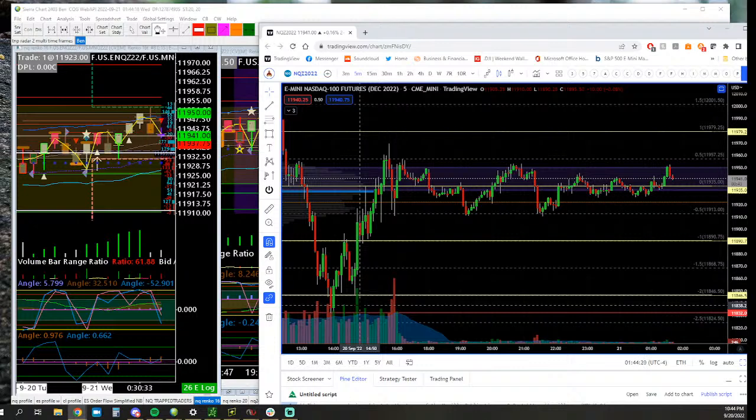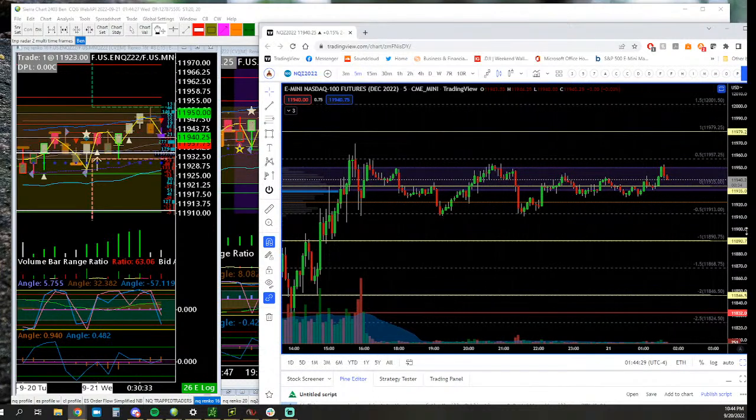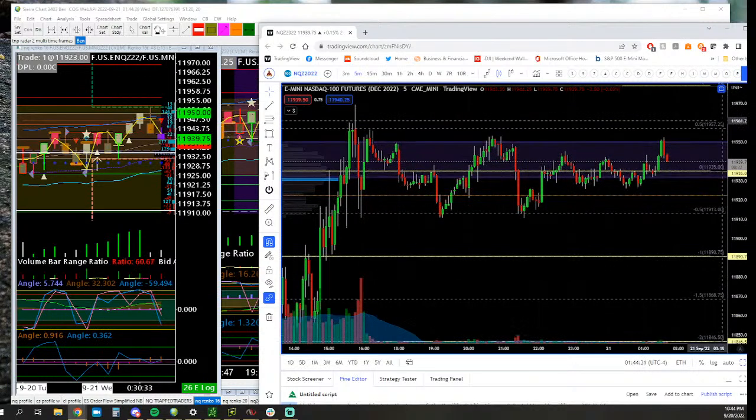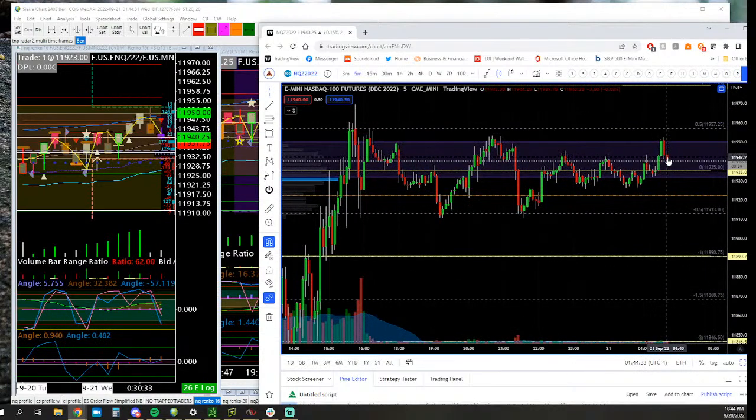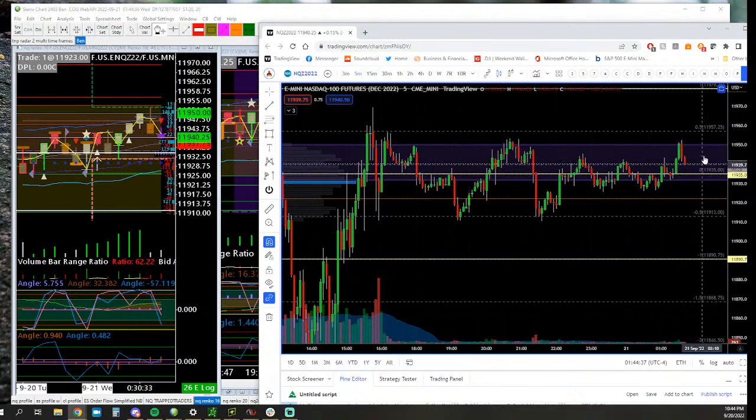So for instance, if I wanted to short this right now, I might first look at the smaller time frame, and right away see that we had a rejection there, so maybe I'm already interested in shorting just from the 5-minute.